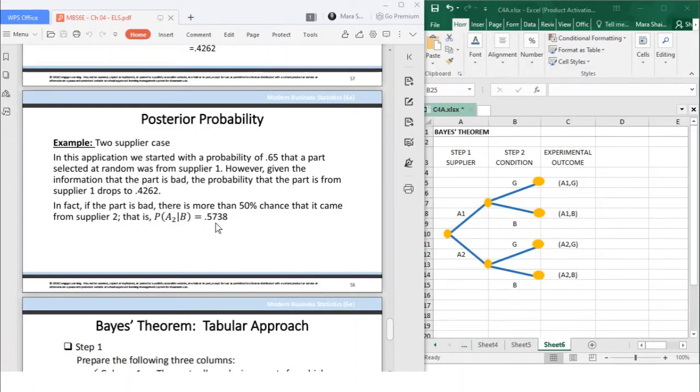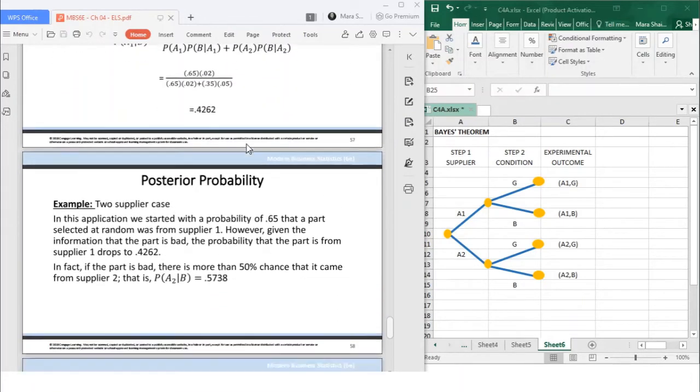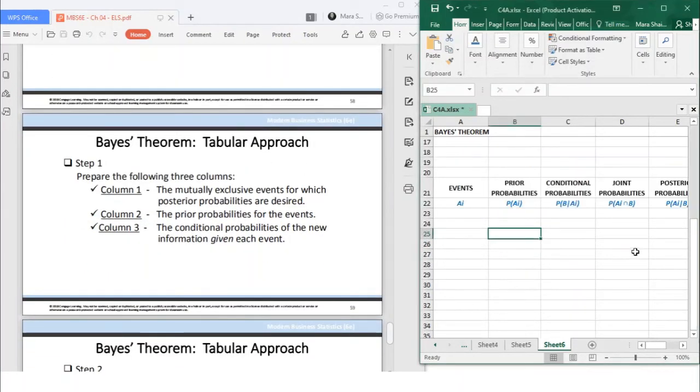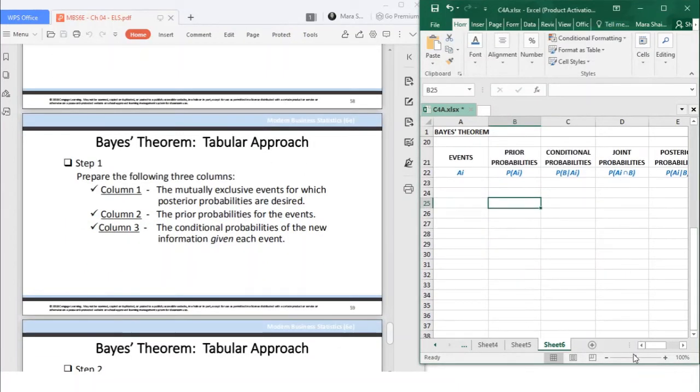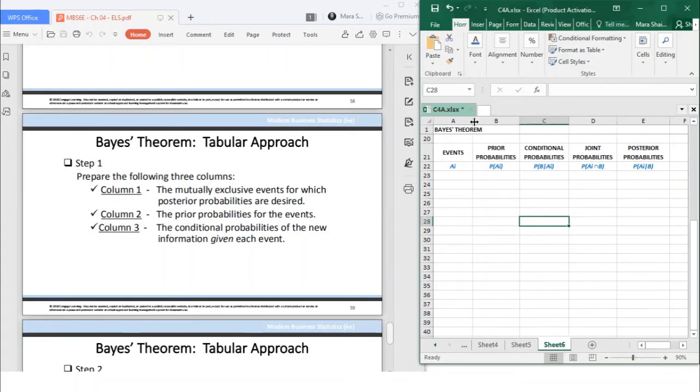Now, there is another way of computing. If you don't like to follow this one, you can make use of the tabular approach. Now, sa tabular approach, i-follow nato ang mga steps to arrive at the posterior probabilities. So, first step is to prepare 3 columns.